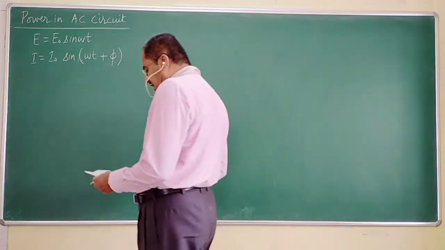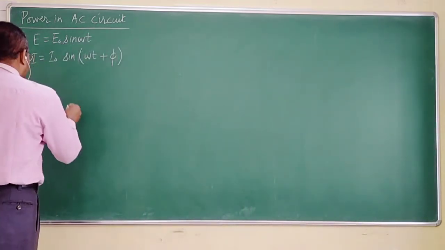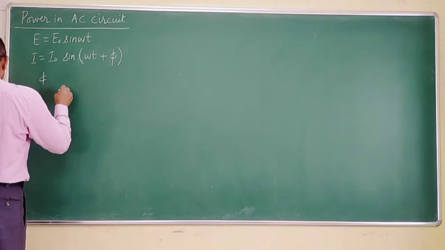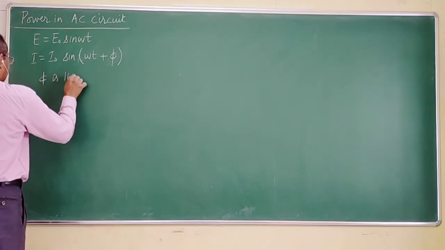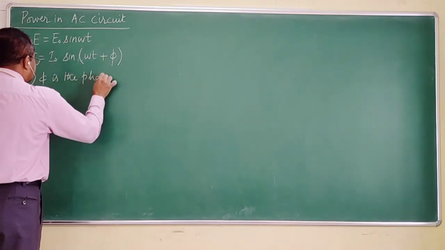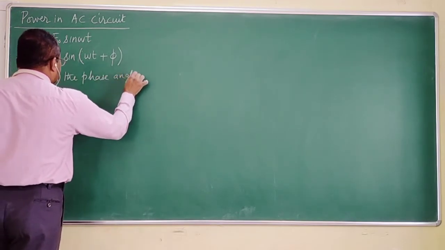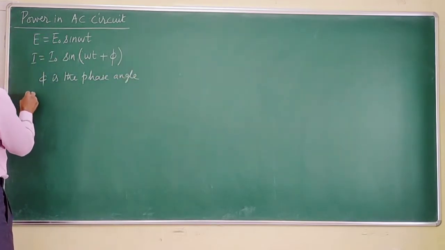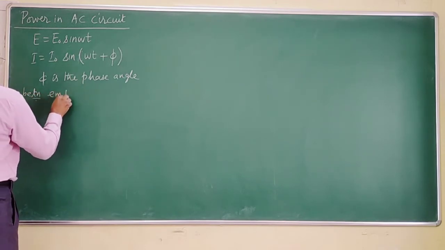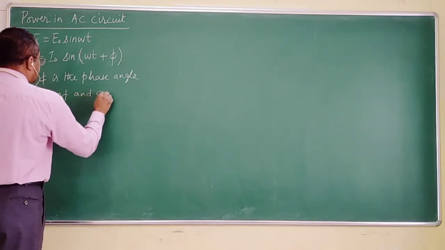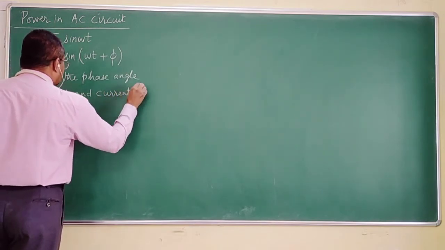As I said, I would like to calculate what is this phi. Phi is the phase angle difference, the phase angle between EMF and current. Okay, sir?